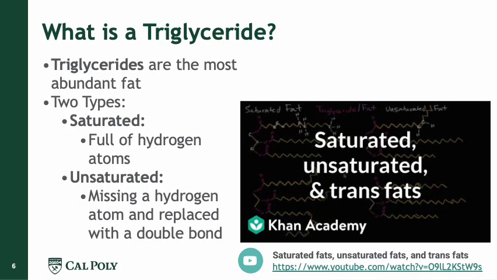So what is a triglyceride? Triglycerides are the most abundant fat. We can classify them into 2 types. We have the saturated fats, which are full of hydrogen atoms, so only single bonds. And we have the unsaturated fats, and in this category we can have mono or polyunsaturated fats, and in this case there's hydrogen that is missing, and this hydrogen is replaced by a double bond.